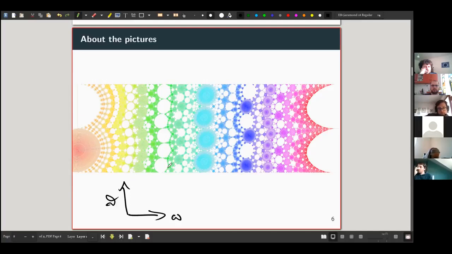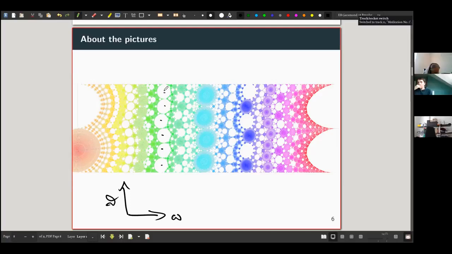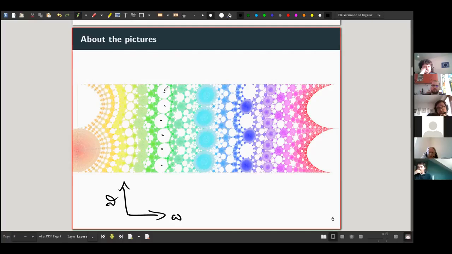Another thing to mention is that, as you can see, there are many holes in the image like these. And that does not mean that there's not anything in there. It just means that we couldn't hit that particular spot with our initial conditions.